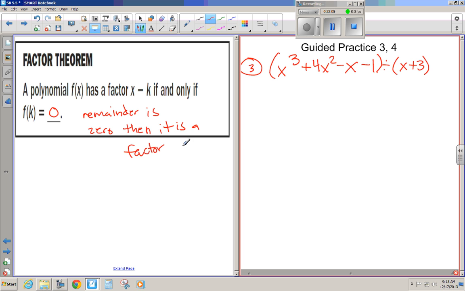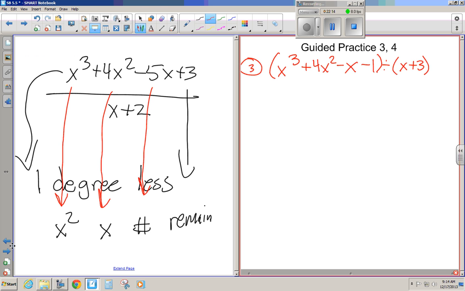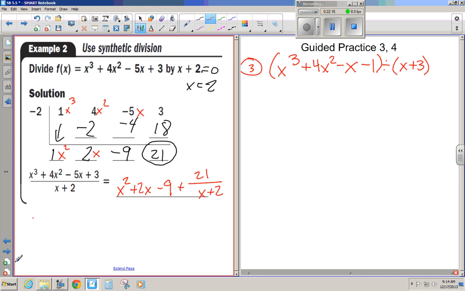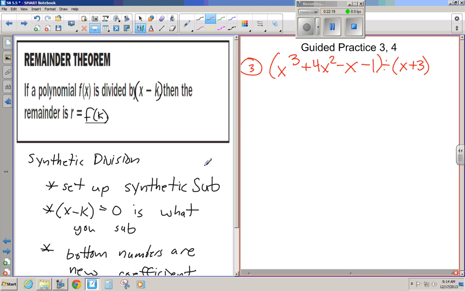All right, so synthetic division, you are setting up synthetic substitution. So the numbers, coefficients, go across the top. Then this right here, set it equal to 0. That means x is negative 3, and that is what you are substituting. So go ahead and use synthetic substitution.